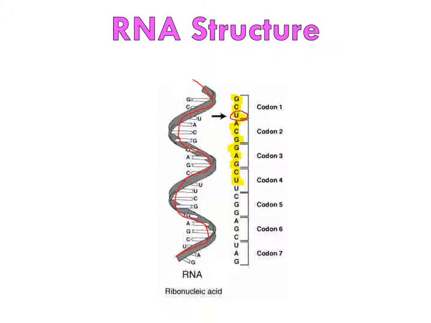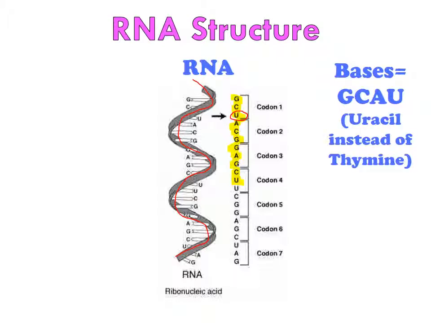It is going to have a brand new rule called GCAU, or GCA, whichever way you're more comfortable with remembering it. The guanine and cytosine, the G's and C's, are still going to go together, but adenine is now going to pair with uracil instead of thymine, so no T's in RNA.